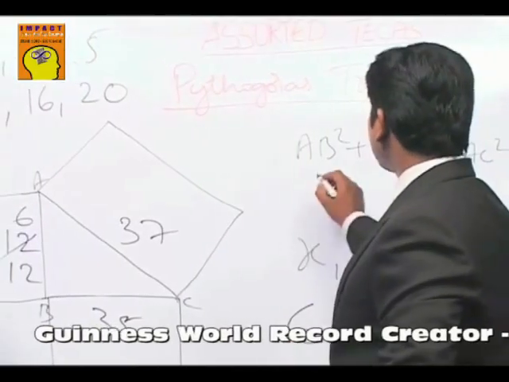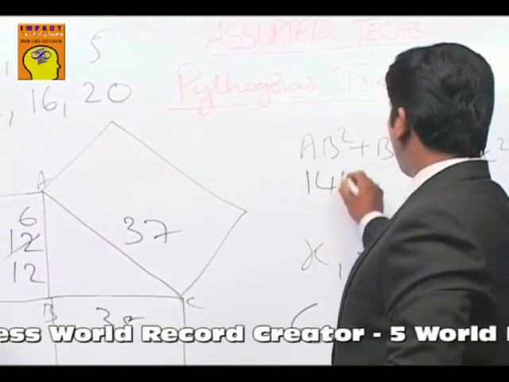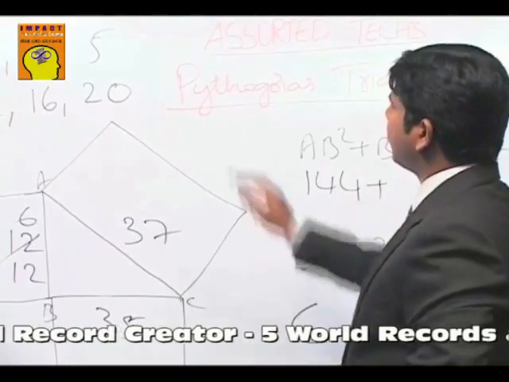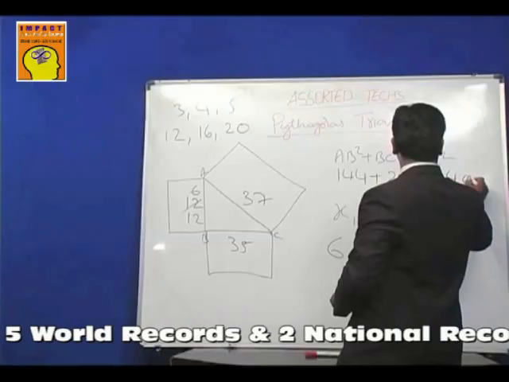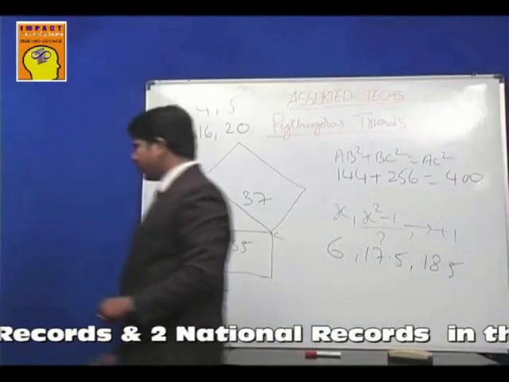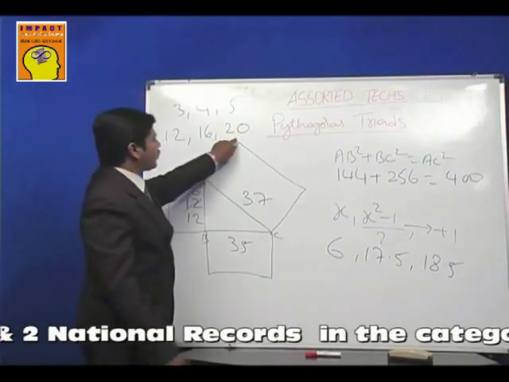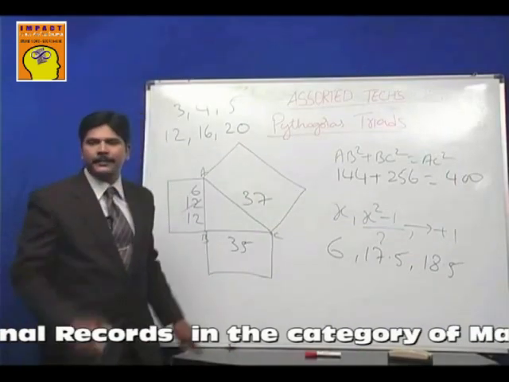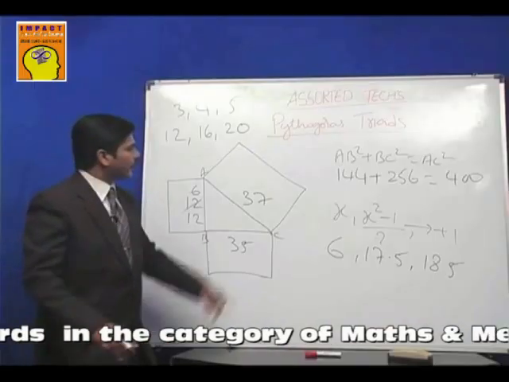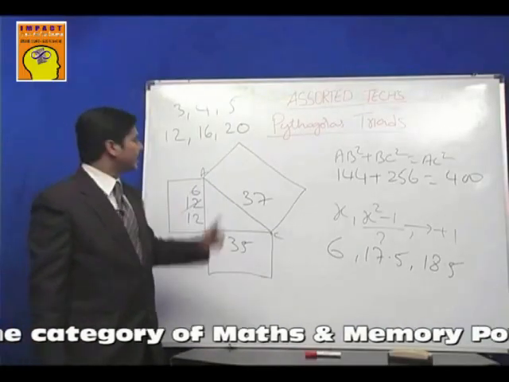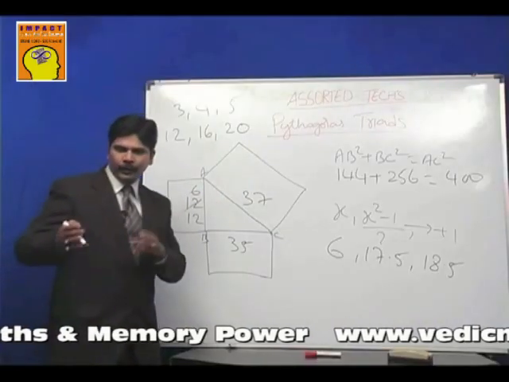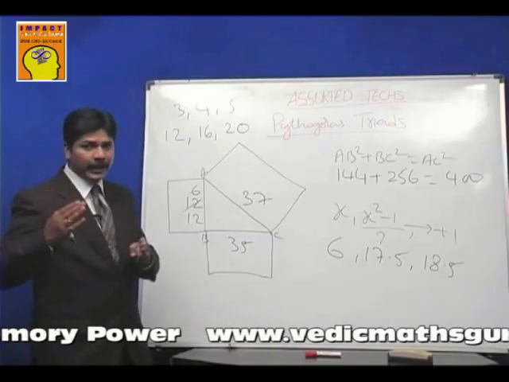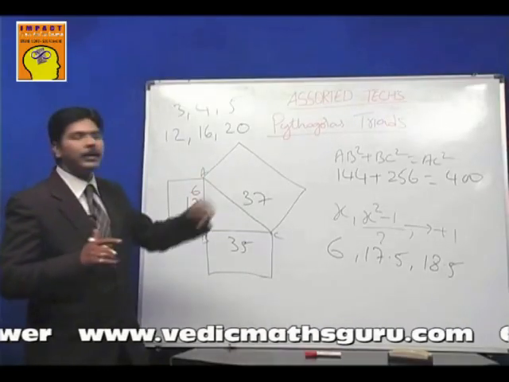So 12 square is 144 plus 16 square, you get 256. Now check out whether 20 square is 400 or not. Yes. So this one also is correct. So you have to see the use there. According to that, you can generate the triads.